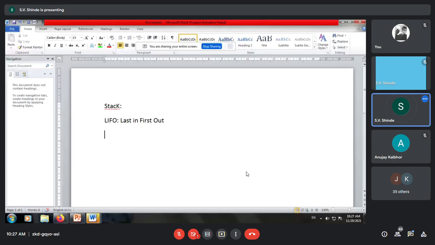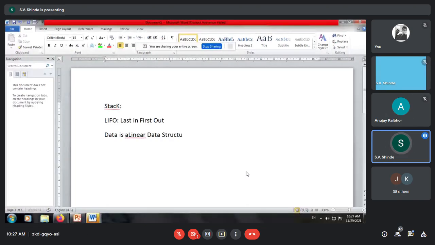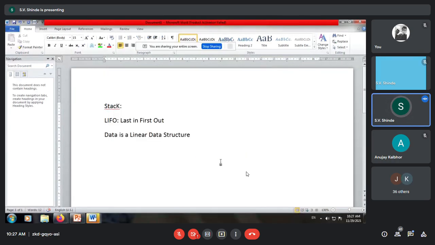So that is a last in, first out data structure. So naturally, what is stack? Stack is a linear data structure. You should remember that it is also a linear data structure. We say it has the last in, first out property.